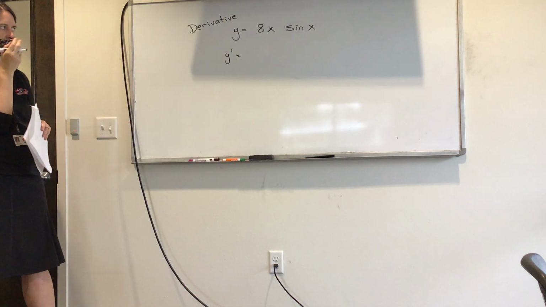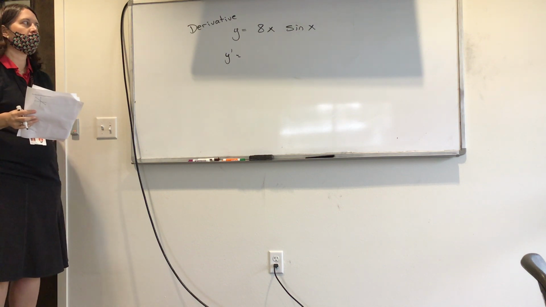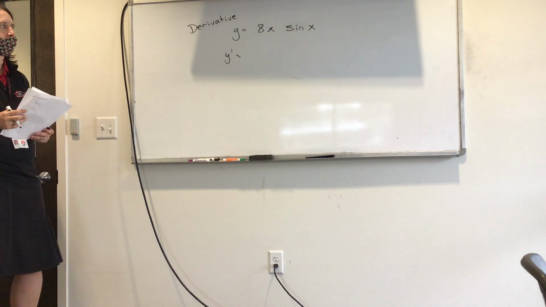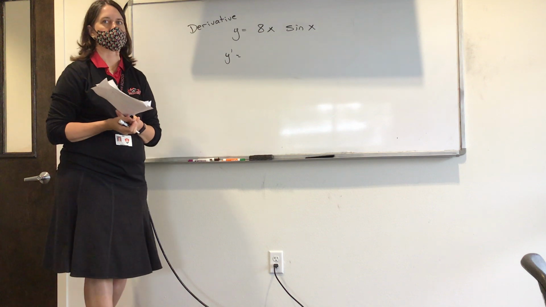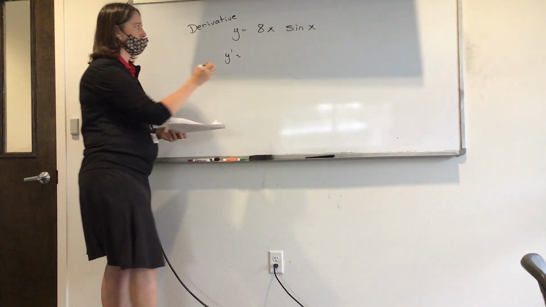Derivative of a product is the first term times the derivative of the second, plus the second times the derivative of the first. So I'm just going to write down the work that I have.